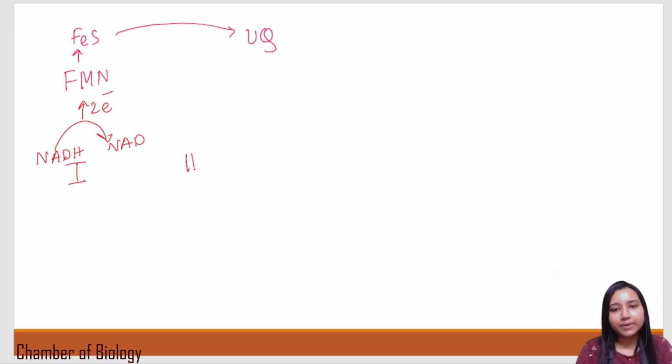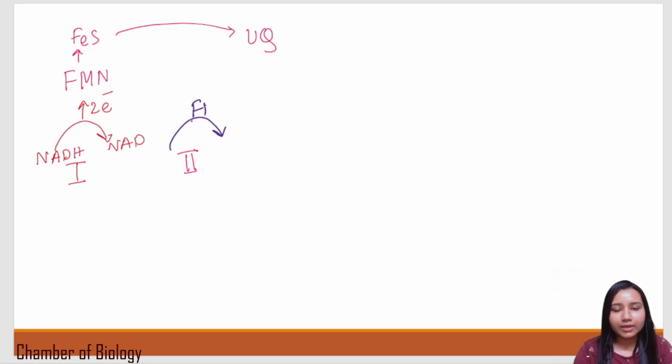And we can see complex 2 is also here. Let me draw it with another color. In complex 2, succinate dehydrogenase is working. So we will see that FADH is going to be oxidized, right?